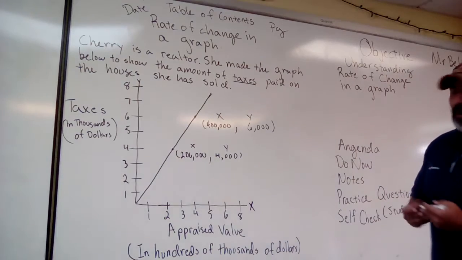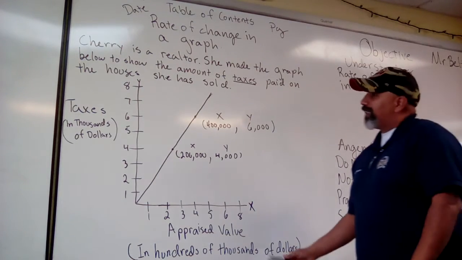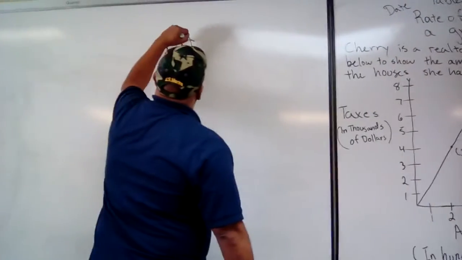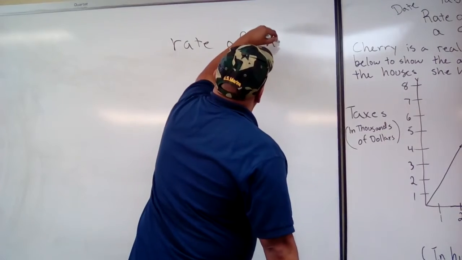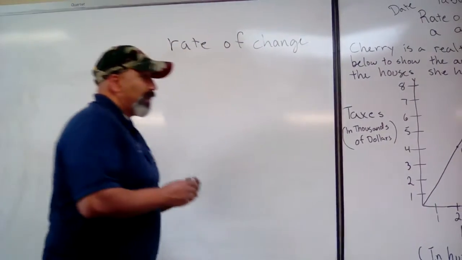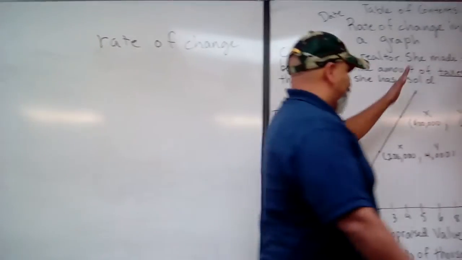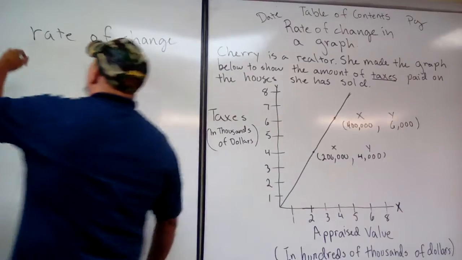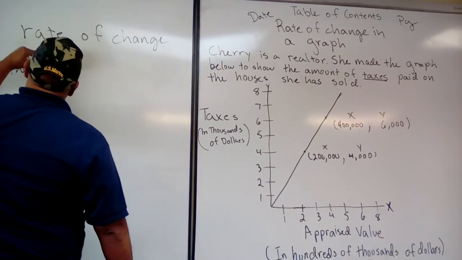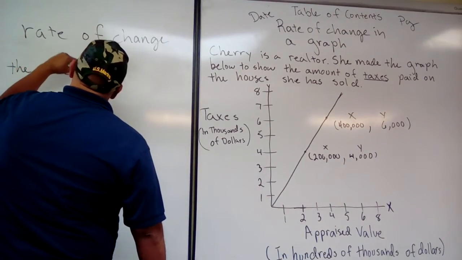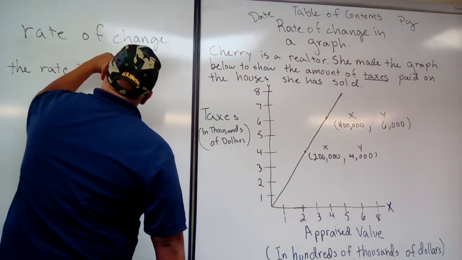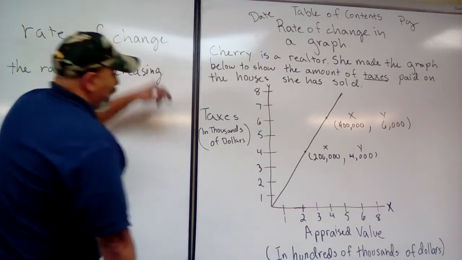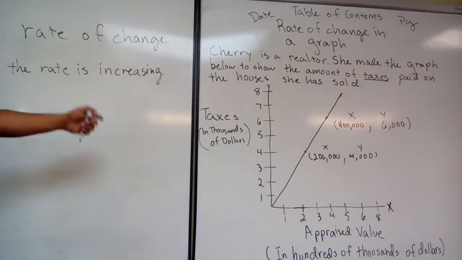And we're trying to see, what was that change? How is it changing? What is the rate of change? We notice that it's increasing. The rate is increasing. As the value of the home gets higher, the taxes get higher.